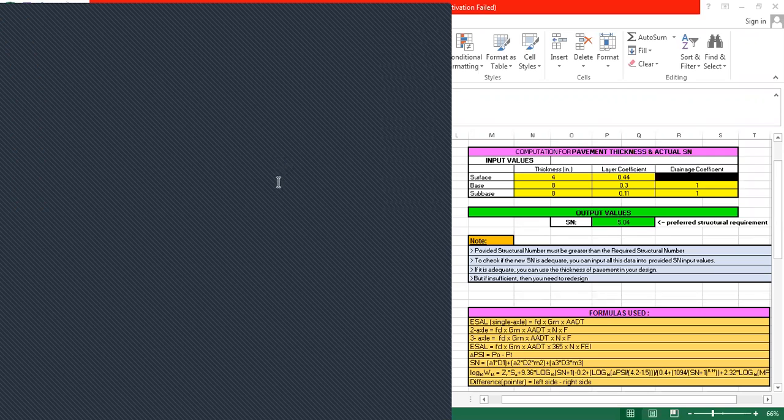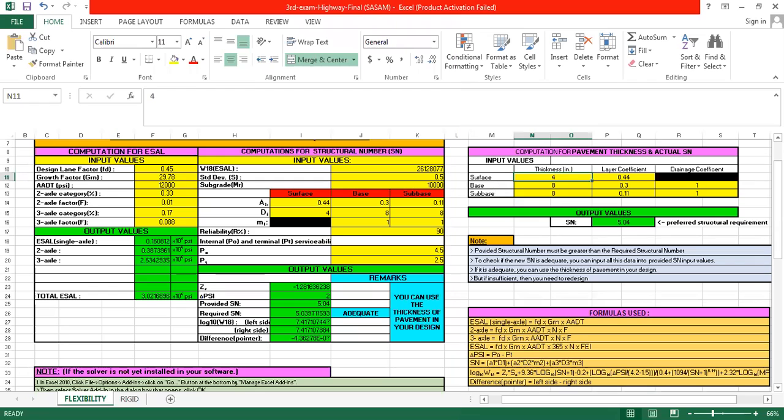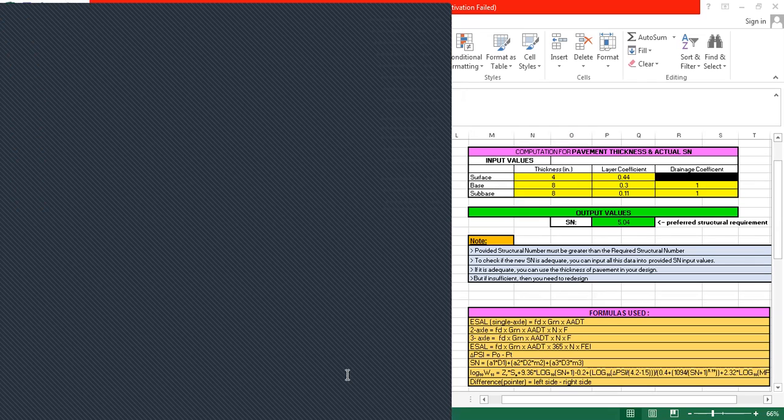So, layer coefficient. What do we know about layer coefficient? Layer coefficients are required for flexible pavement structural design. The a value for these coefficients is assigned to each layer material, the surface, base and sub-base layer material in the pavement structure, in order to convert actual layer thickness into the structural number Sn.